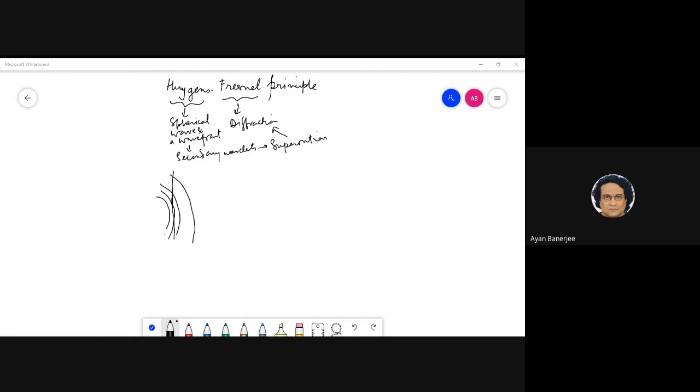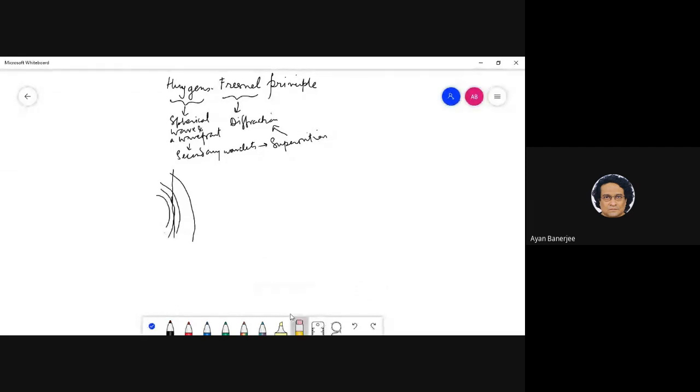So I should not write it like this. I think it's better to write this as a wavefront itself. So if you have spherical waves, then the wavefront essentially is like that.